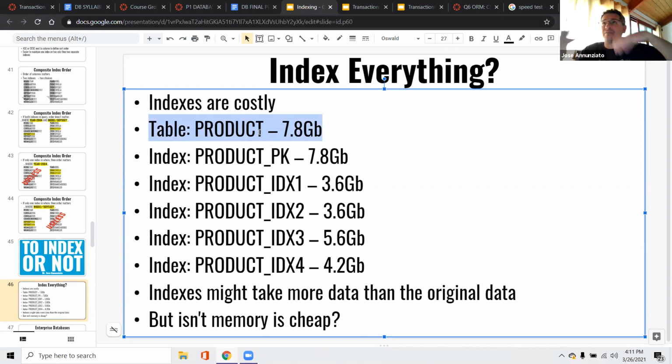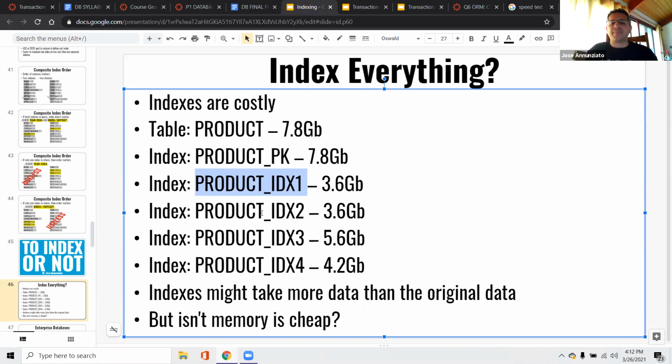So for instance, if you had a product database that was 8 gigabytes, you have to consider, do I index it? The first index might be the same size, might resort the whole table using maybe the primary key or some field that is unique. Any additional indices probably will be smaller, maybe a fraction of the original table, because it'll have maybe just that field that you've indexed, and the record identifier that allows you to go back to the original table.